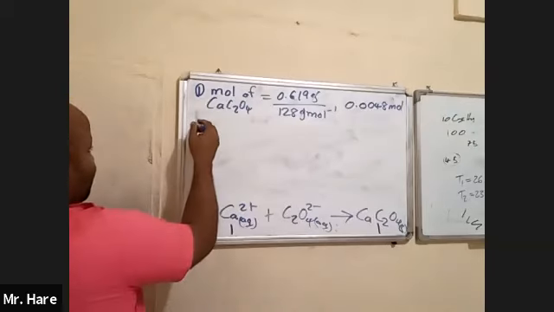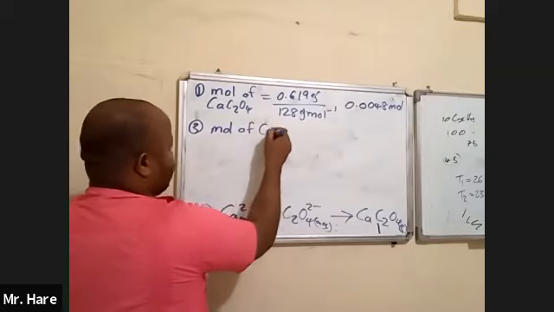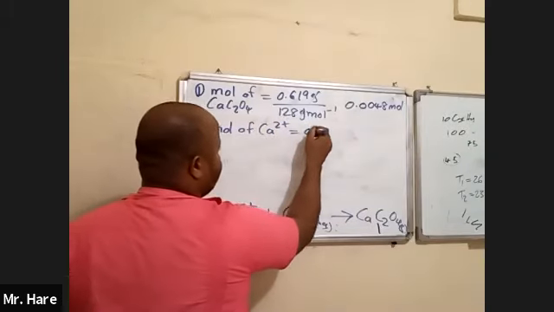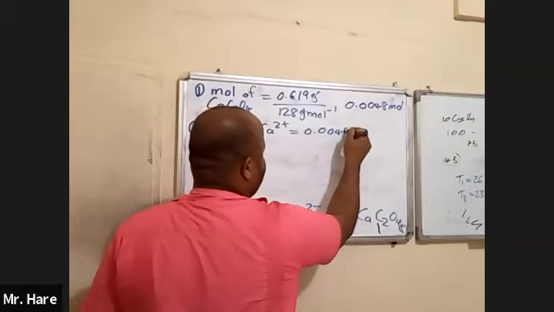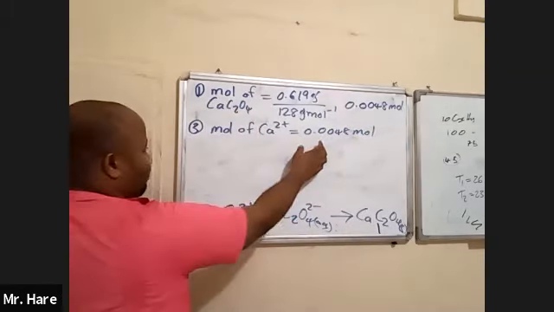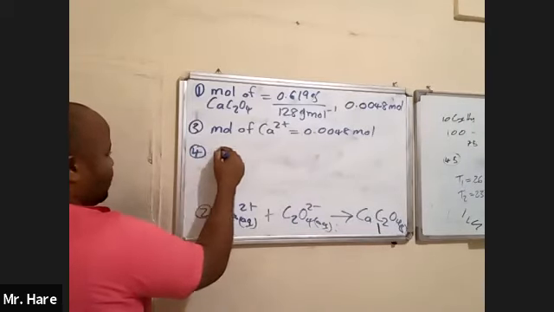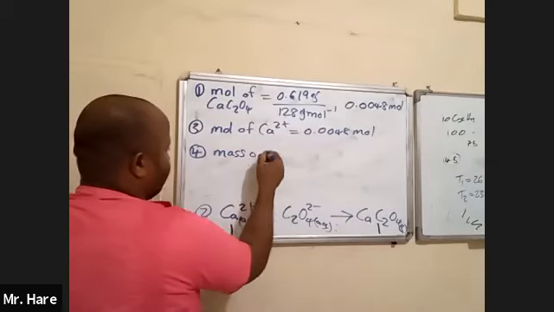So step 3 now, the moles of calcium ion is equal to 0.0048 moles. If you have the moles of calcium ion, can we use the moles to find mass? Yes, sir.